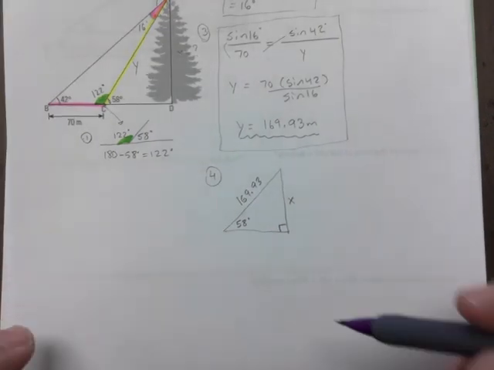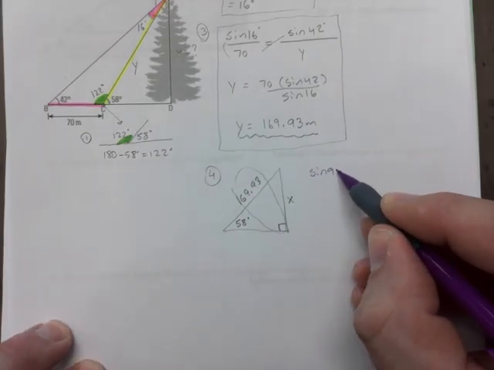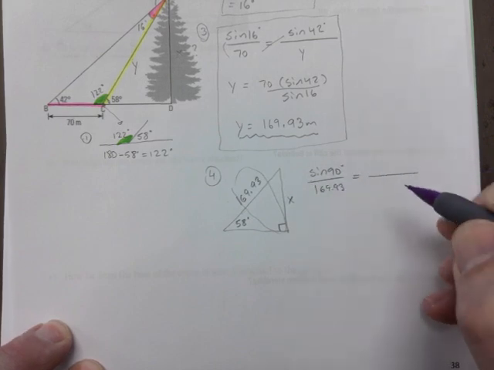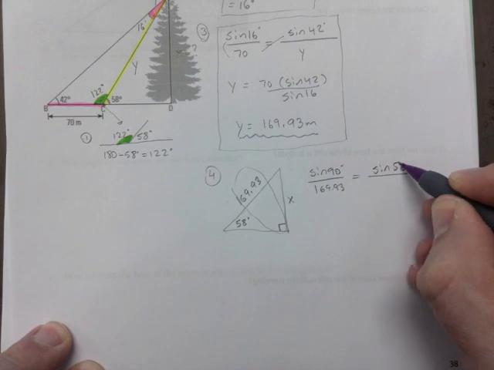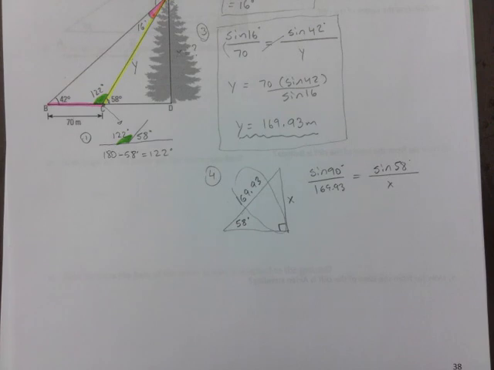We're almost done here. You can cross, this is your pair. So sine of 90 degrees over 169.93 is equal to sine of 58 over x, right? Which is what we want.